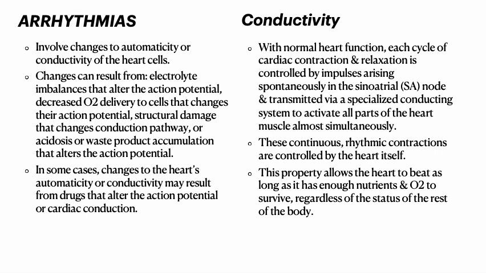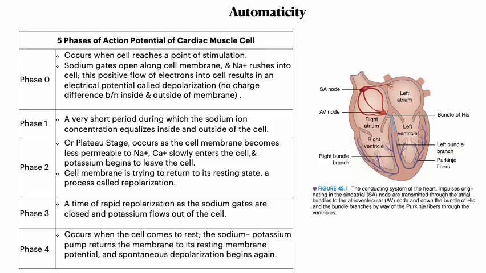These continuous rhythmic contractions are controlled by the heart itself. This property allows the heart to beat as long as it has enough nutrients and oxygen to survive, regardless of the status of the rest of the body. We will take a closer look at automaticity.